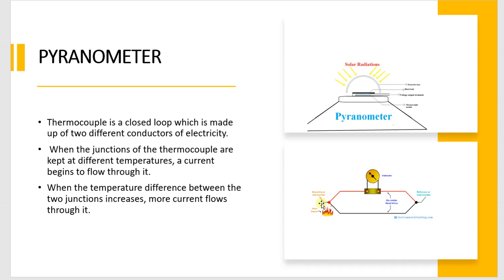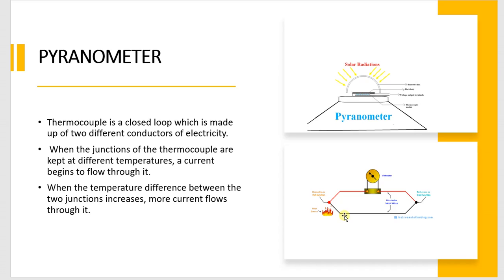Now when we heat one junction and keep the other junction at a lower temperature, there arises a temperature difference between these two junctions. In that case, a current will begin to flow through this circuit, this path.